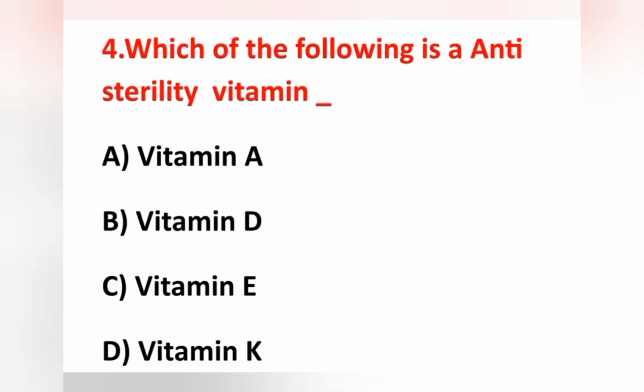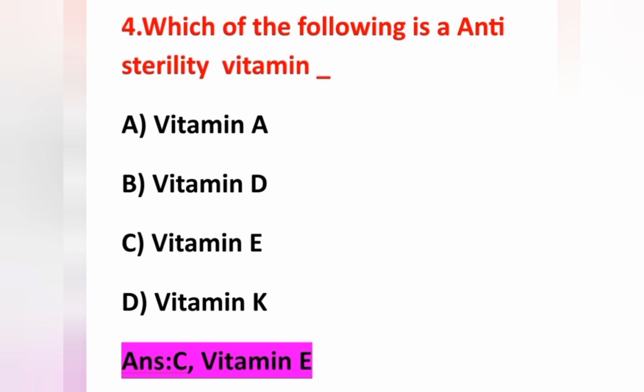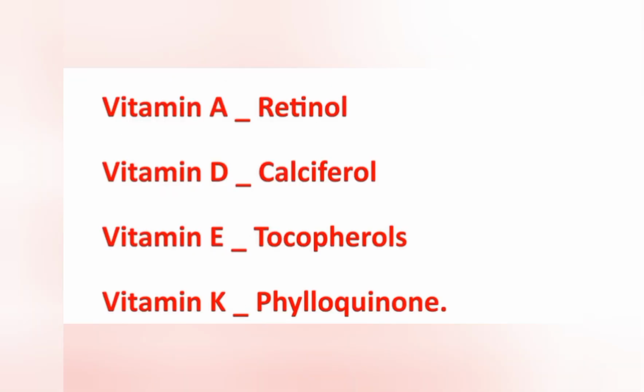The fourth question, which of the following is an anti-sterility vitamin? And the options are option A vitamin A, option B vitamin D, option C vitamin E, and option D vitamin K. Anti-sterility vitamin is option C, vitamin E. Vitamin A is known as retinol, vitamin D is known as calciferol, vitamin E is known as tocopherol, that is called the anti-sterility vitamin, and vitamin K is known as phylloquinone.